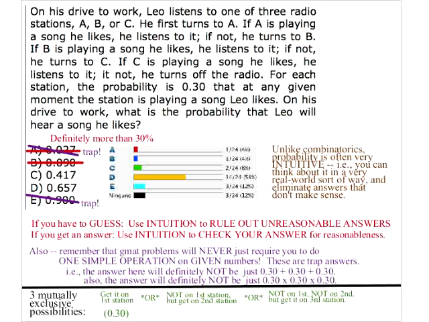So you don't have to consider cases where you don't listen to them. 0.7, not on the first station, but yes on the second station. Because if the chance that you hear it is 30%, the chance that you don't hear it must be 70%. So this is the chance of not hearing it on the first station. It's an and situation: not hearing it on the first and yes hearing it on the second one.